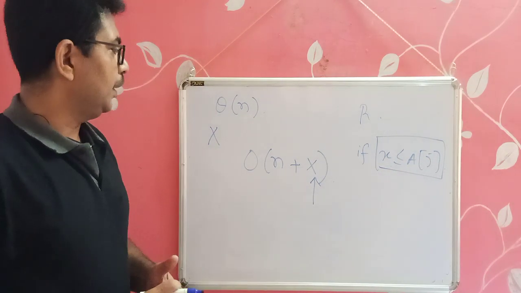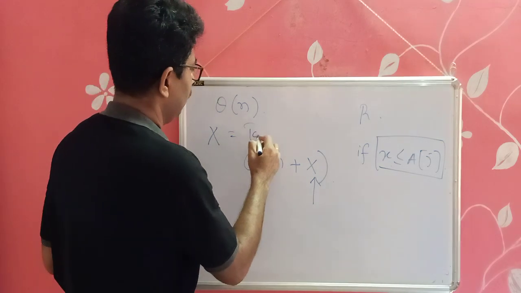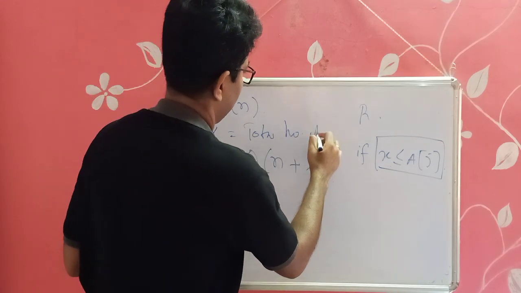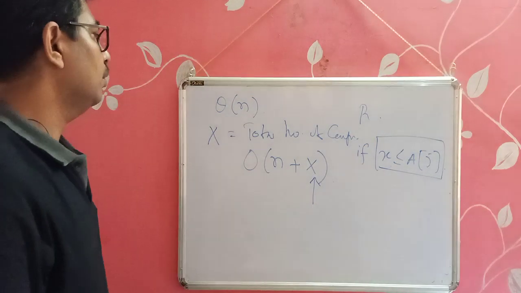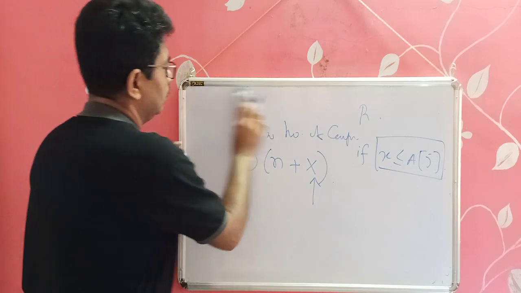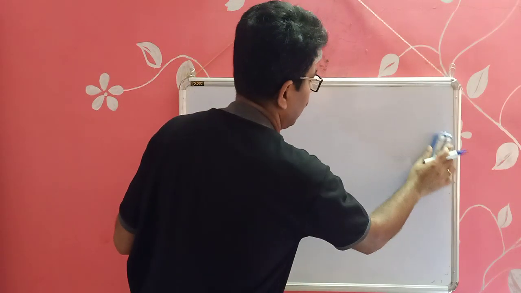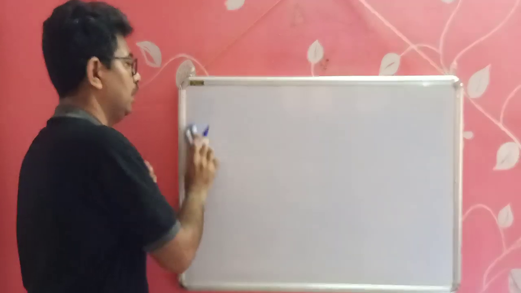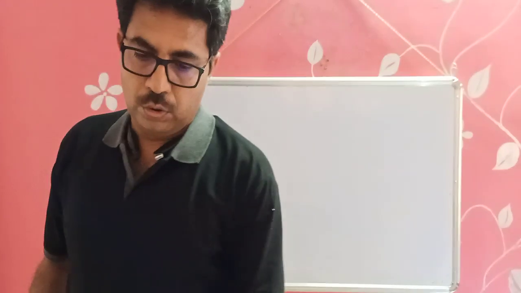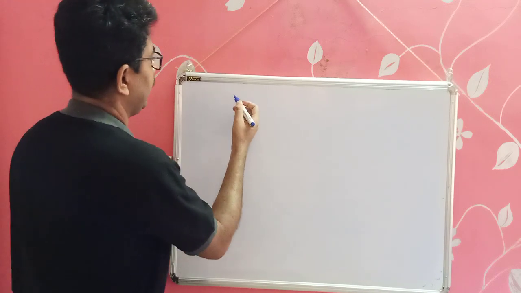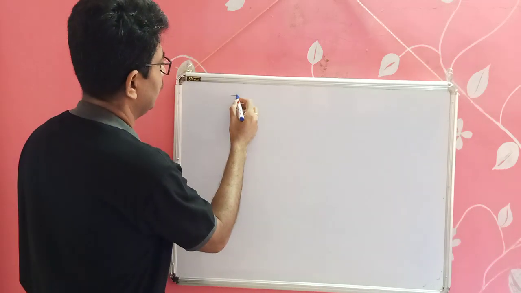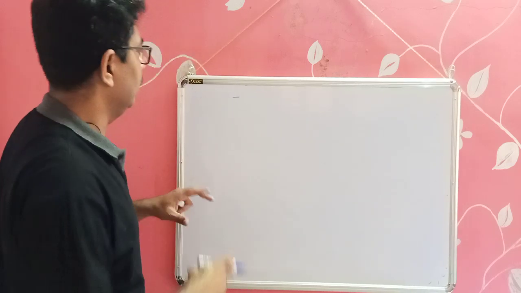Okay. What is x? x is the total number of comparisons required in quicksort. So we have to find how many comparisons we require in quicksort. Before going to this, let us define some values.